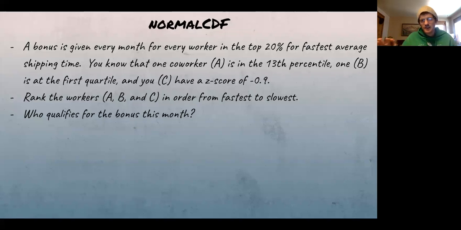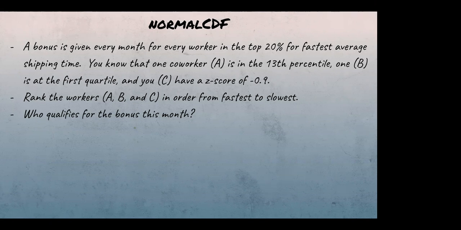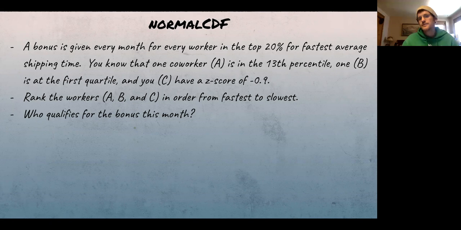So the first thing is just to keep in mind, in this case, do you think a lower or a higher z-score is a better thing to shoot for? Higher. All right. So we're looking at the time that it takes for you to fill an order. So in this case, a higher z-score means that you take longer than average.